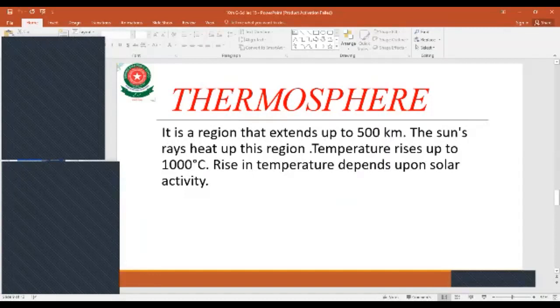Compare this with the mesosphere, where the temperature decreases up to minus 93 degrees Celsius; in this region the temperature increases up to 1000 degrees Celsius. The rise in temperature depends upon solar activities.